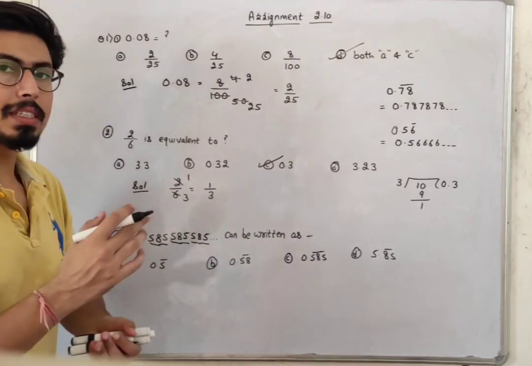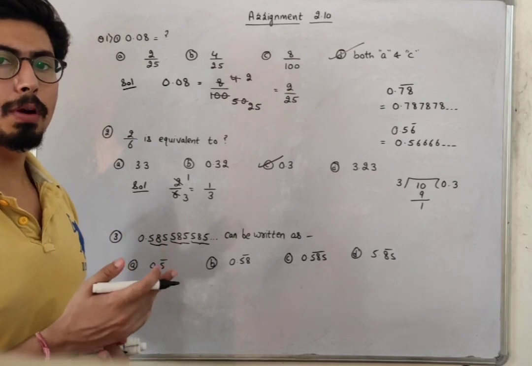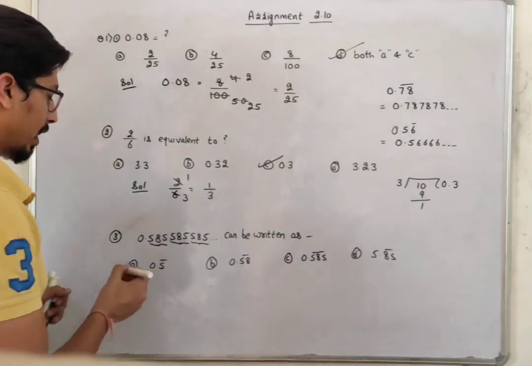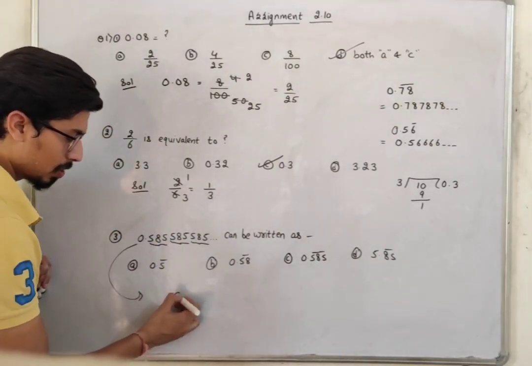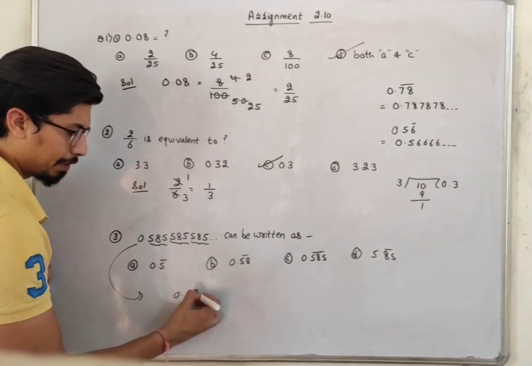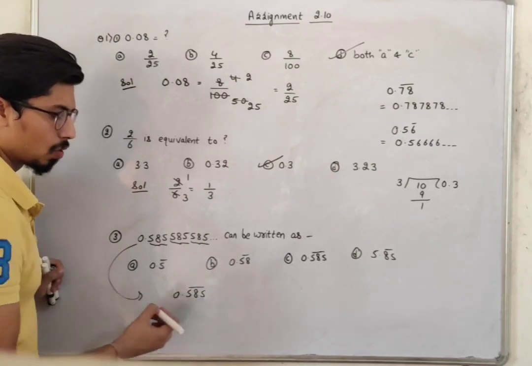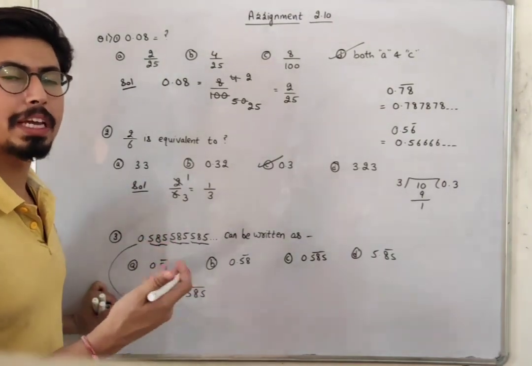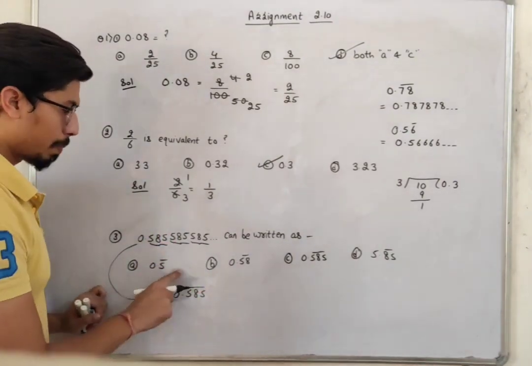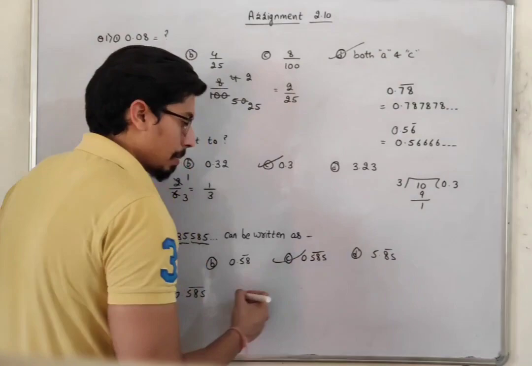Okay, that means the number that is repeated is 585. So it can be written as 0.585 bar. Okay, because 585 is being repeated. So 0.585 bar is our part C.